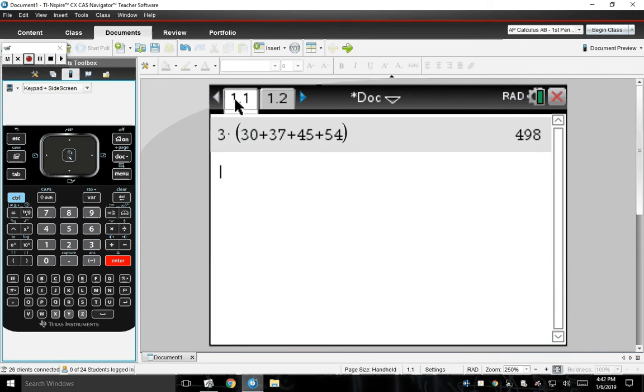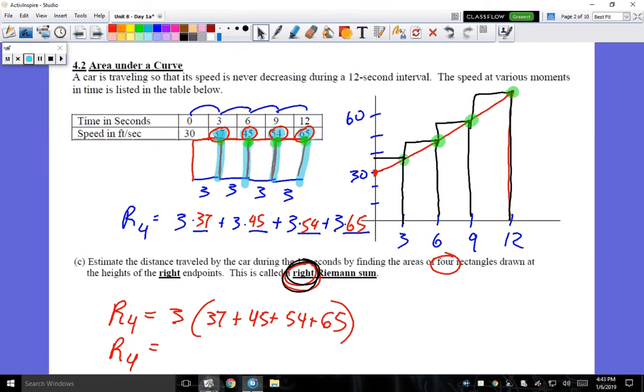Let me just go up, grab this, and then just change the numbers real quick. I know that 37 is going to stay, but then the last one is going to be added. We're going to add that 65, yeah, 65, and then we get an approximation of 603. So 603 feet were traveled.